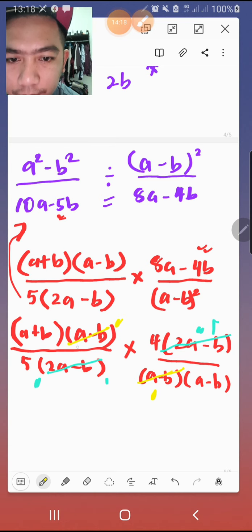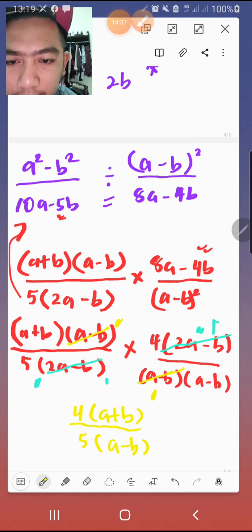So now a plus b times 4, or we can write as 4 times a plus b, and here 5 times a minus b, because this one is already eliminated. So this is the answer.